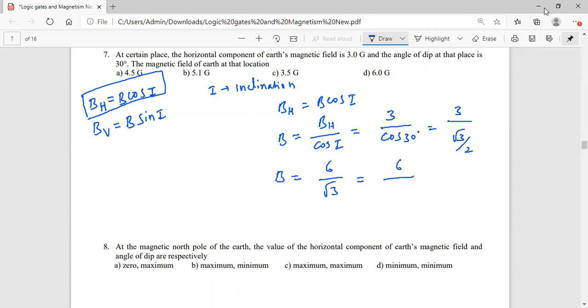It's 6 by 1.73. If it were 2, 6 by 2 is 3. But root 3 is less than 2, therefore the answer is greater than 3. Greater than 3 is 3.5 G. Therefore, this is the correct answer. Option C is the correct answer.